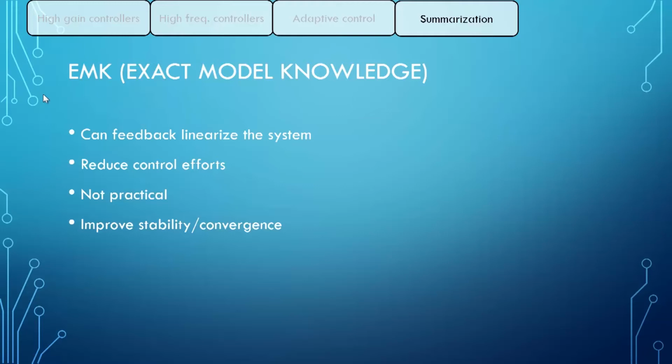So it reduces control effort, but it's not practical because the model is usually unknown. Or sometimes the parameter is not constant. When you drive a car, the mass is not constant, right? You have consumption of petroleum, right?